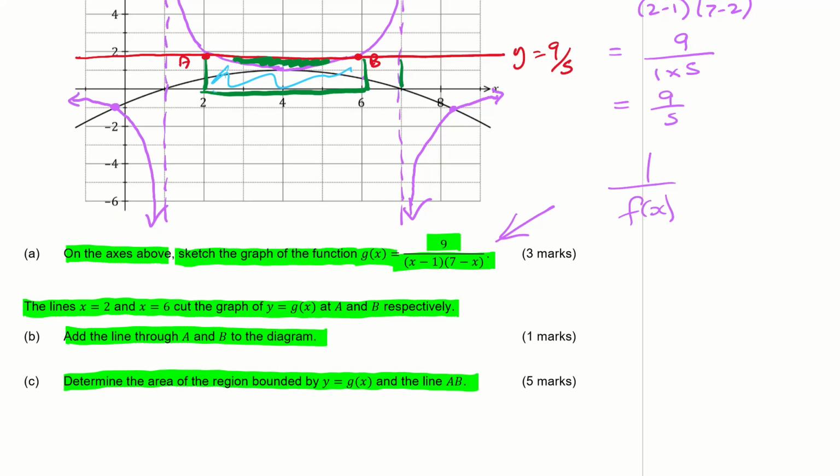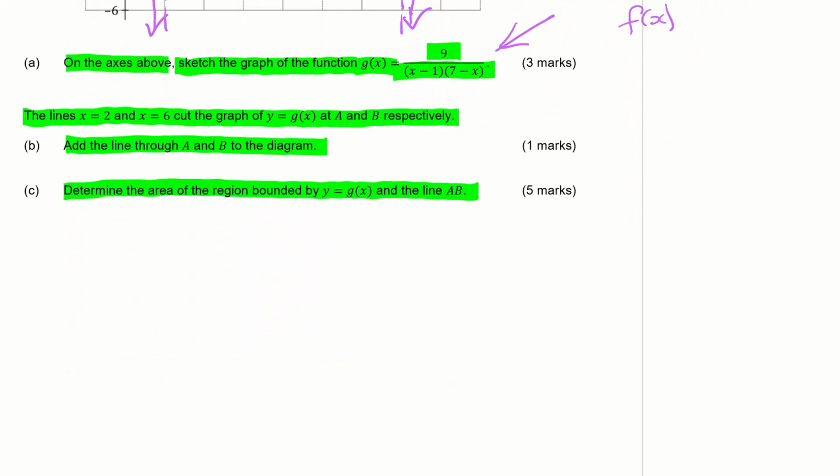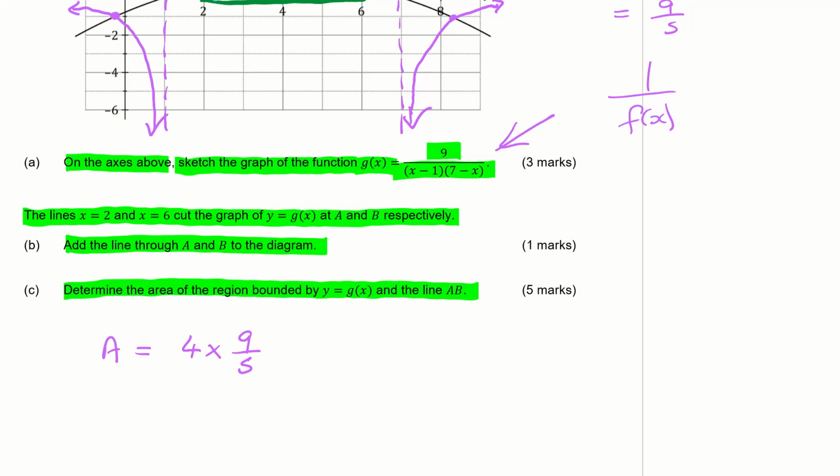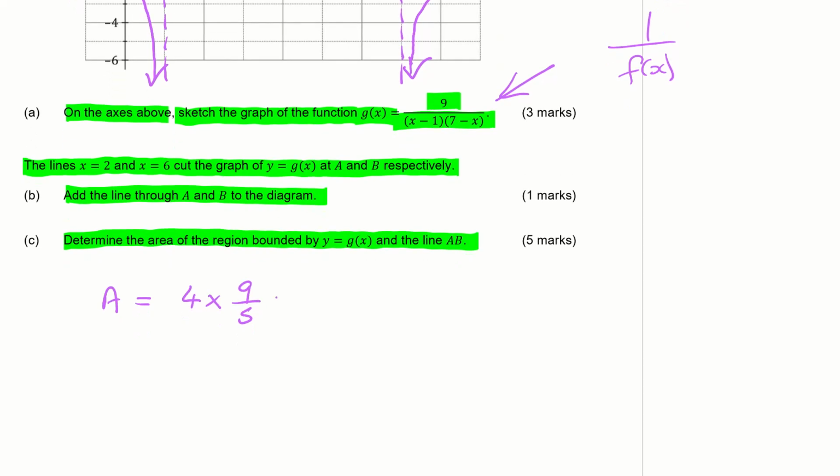So the area that we want is going to be 4 times 9 over 5. So that's the rectangle. The 4 is the length there. Take away the integral from 2 to 6 of 9 over (x − 1)(7 − x) dx.